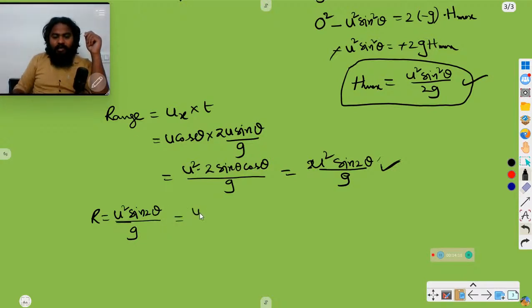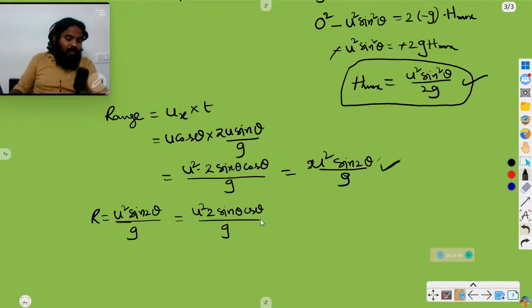So I write it back as u square 2 sin theta cos theta by g. Now if you observe carefully, I want h included in this equation. So I want one more sin square theta here, and that is why I multiply and divide by 2 sin theta, so the value of the equation never changes.